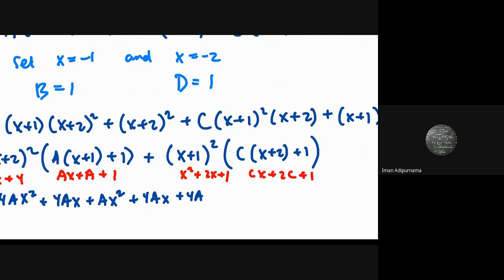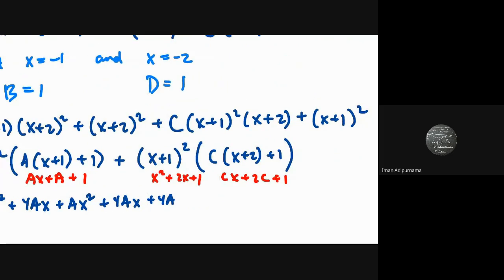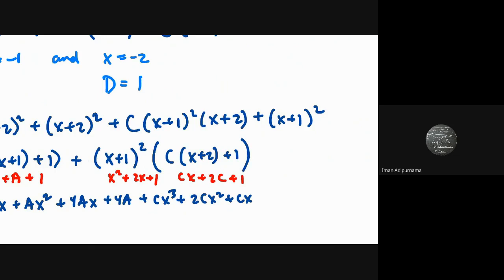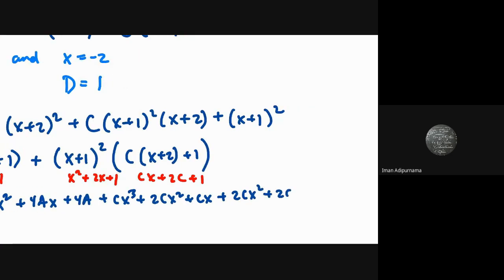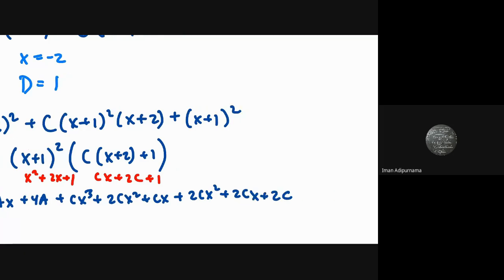We multiply the same here. This will be cx cubed plus 2cx squared plus cx plus 2cx squared plus 2cx plus 2c plus x squared plus 2x plus 1.